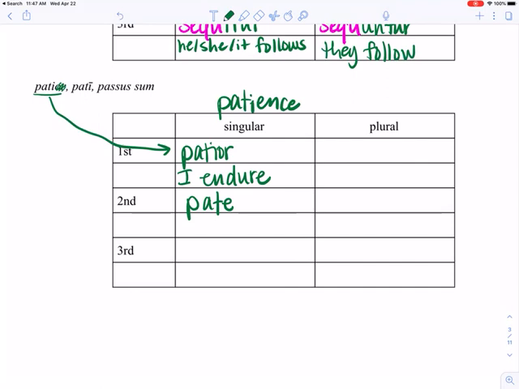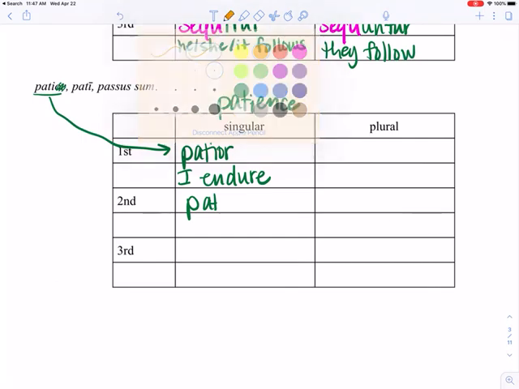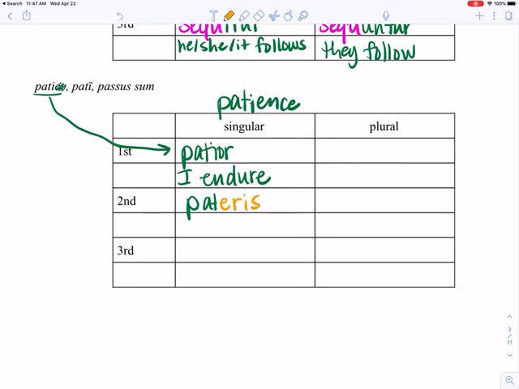And then we'll add the E, but there's no macron, and then we'll add ris. Sorry guys, I kind of messed up. So going back, we're going to add the E that's in parentheses, but again, no macron, and then ris. Okay, so this is going to be you suffer.